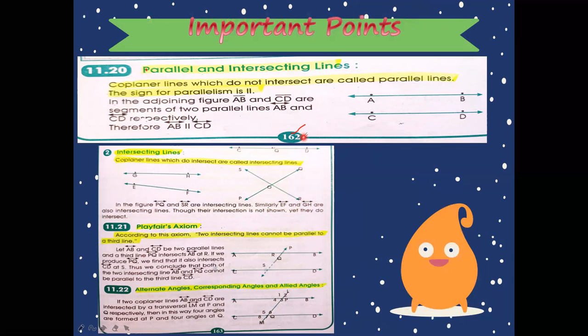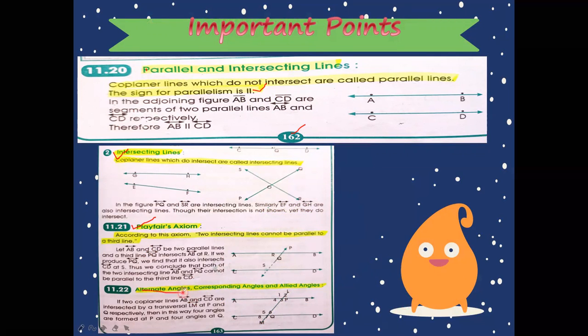On page 162 at the bottom of the page, you can see the definition of parallel lines. The sign for parallelism is this one. Then on the next page, page number 163, you can see the definition of intersecting lines. Below the definition of intersecting lines, there is the definition of Playfair axiom, and this is the explanation that I have given in this lecture.